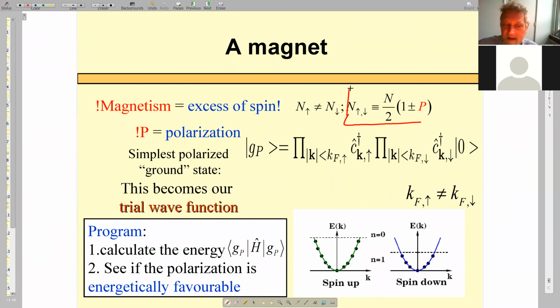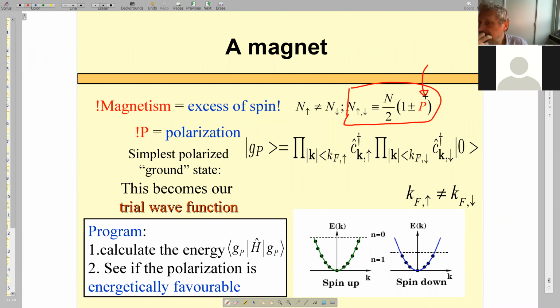I define a convenient letter, which is the degree of polarization. Polarization is 0 if the numbers of electrons with different spins are the same.